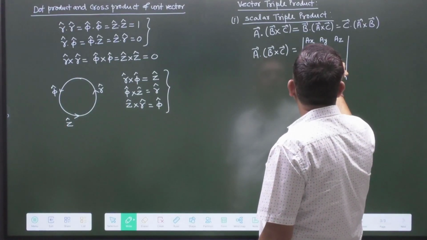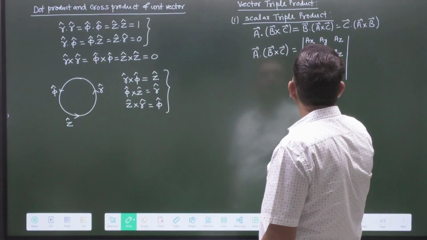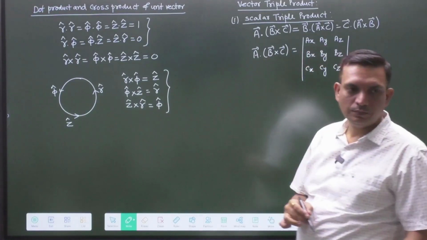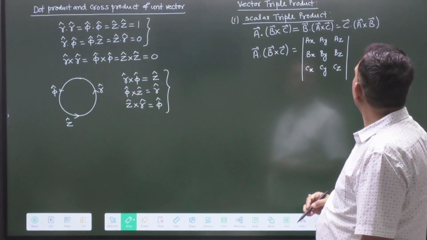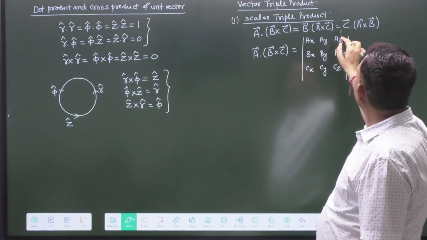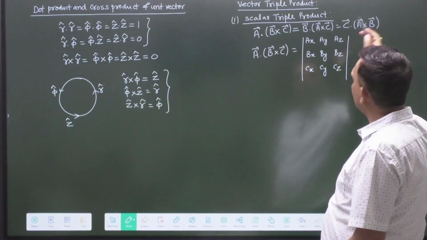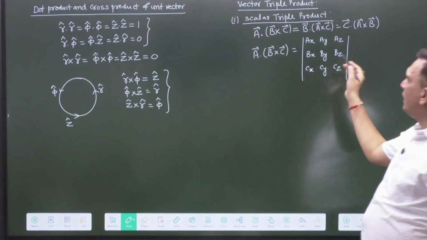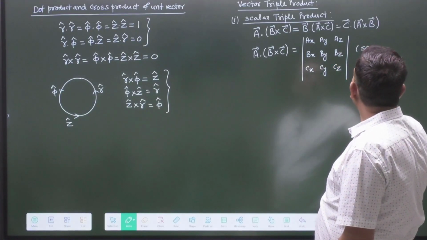This is BX, BY, and BZ, and this will give you CX, CY, and CZ. This is A dot B cross C, same as B dot C cross A, that is C dot A cross B. You have to remember this point. So A dot B cross C, you will get this particular scalar value.